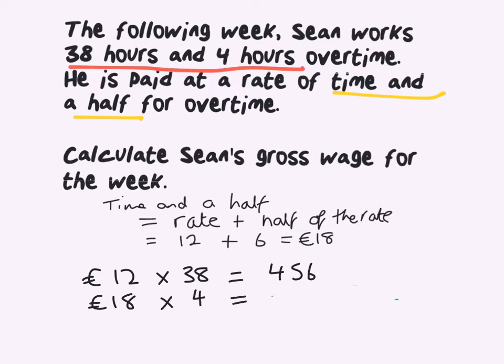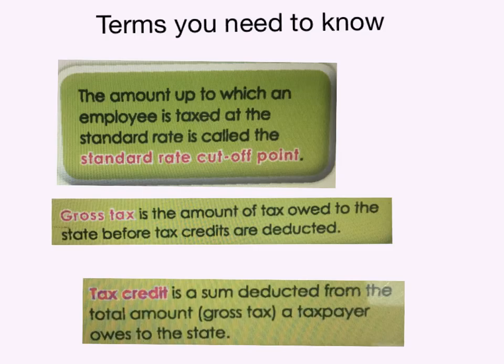So 18 multiplied by 4 gives me 72. So Sean's gross wage is going to be 72 plus 456, and that gives me 528. Okay, so that's the concept of overtime.